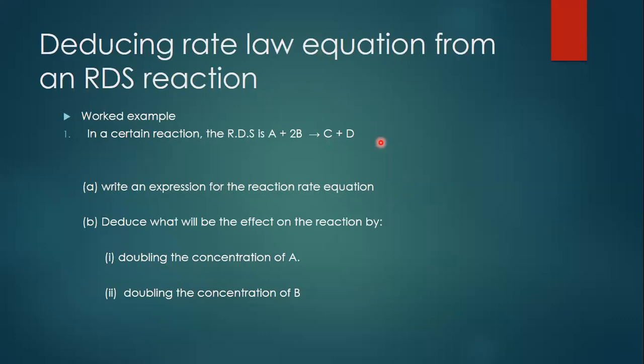So basically, a reaction that is considered as the rate determining step is a reaction that takes the fastest possible time to occur. Let's go to this slide so that I can explain with the notes.